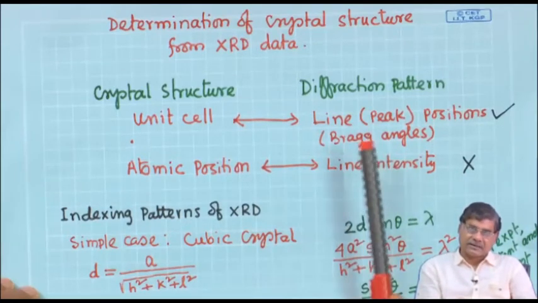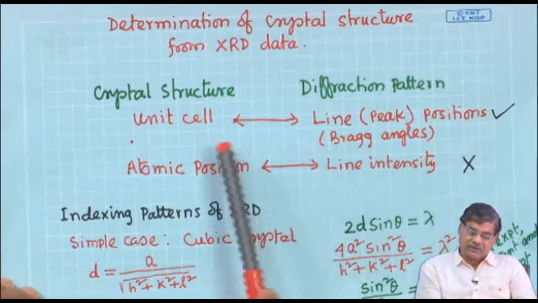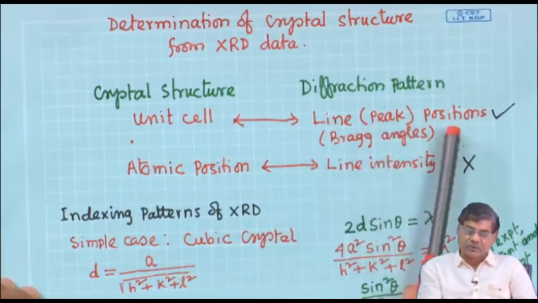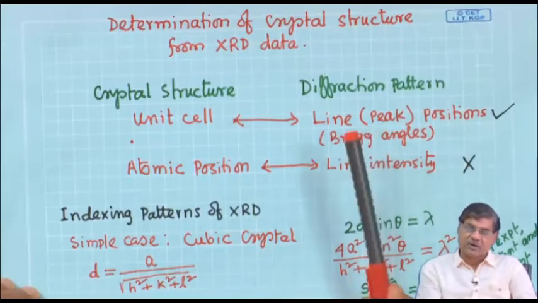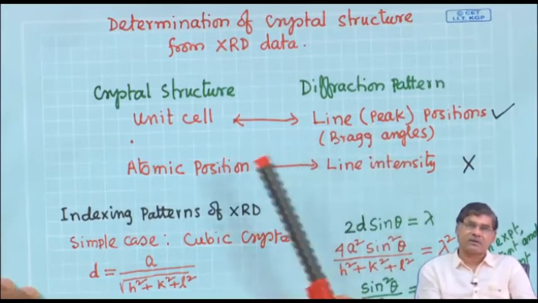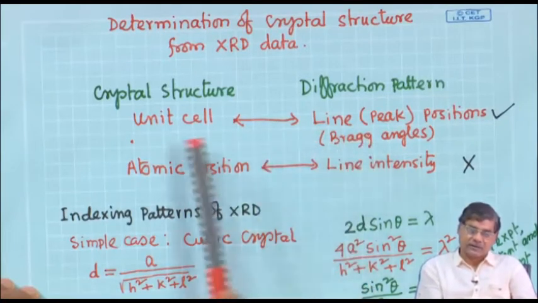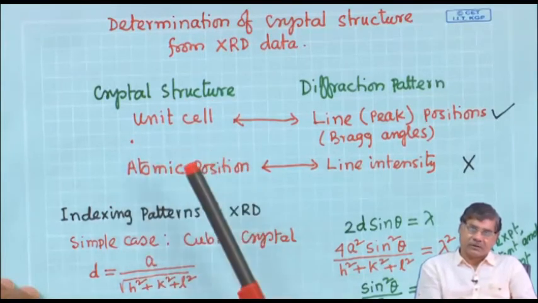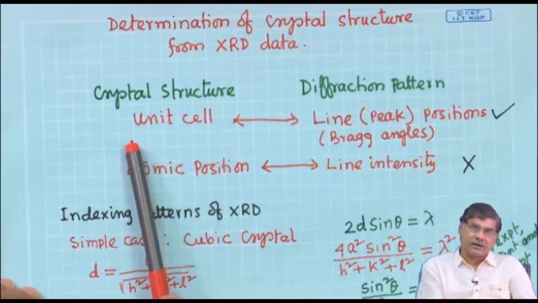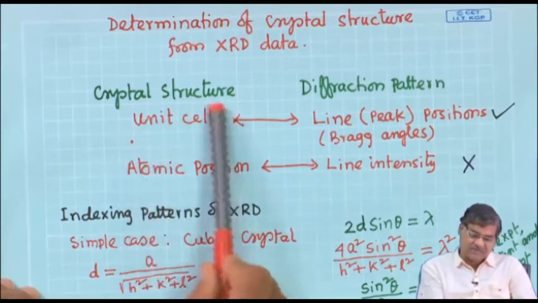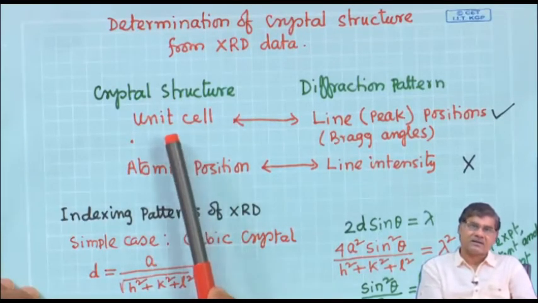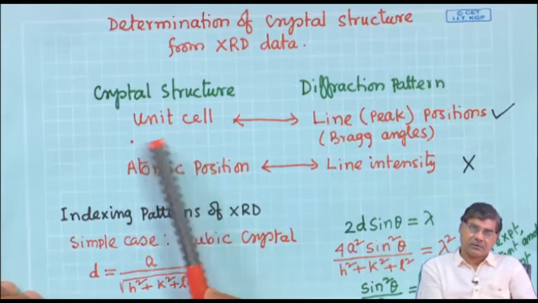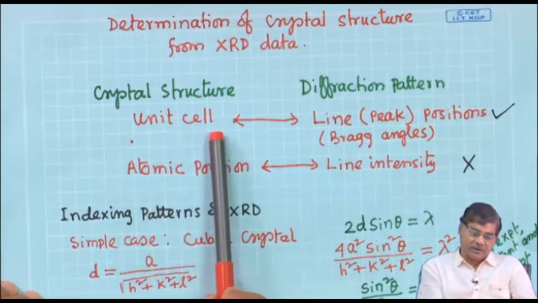At this stage I will discuss only the line or peak position, and the peak width, and what information about the sample we can get from them. We will be able to know the crystal structure in terms of the unit cell: what the size of the unit cell is, and what the lattice parameters are.